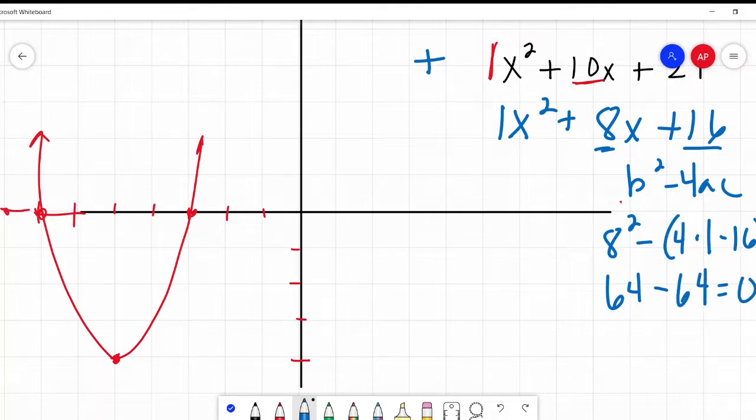It equals 0. So that's telling me that there should be one solution. The discriminant was 0, one solution. Let's go over here and tell our graphing calculator to graph it. And sure enough, it only touches the x-axis at one point, and that's at -4. And then it goes up.